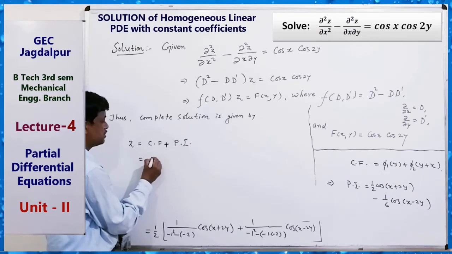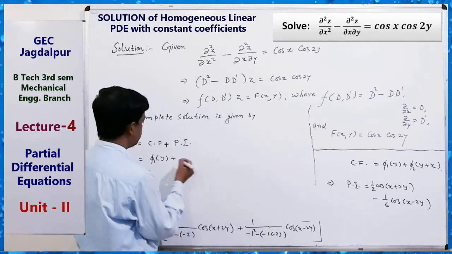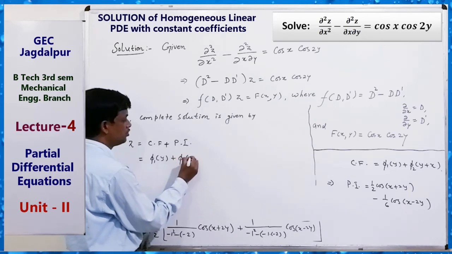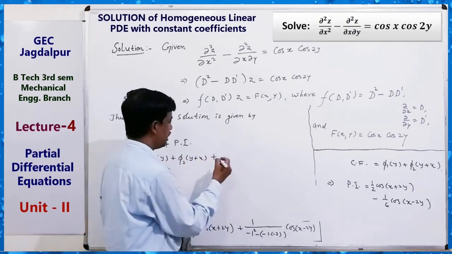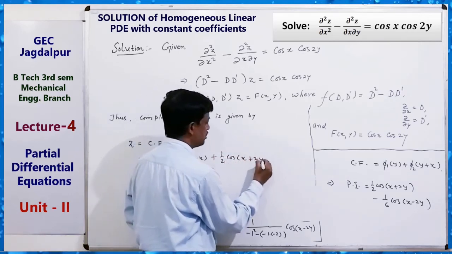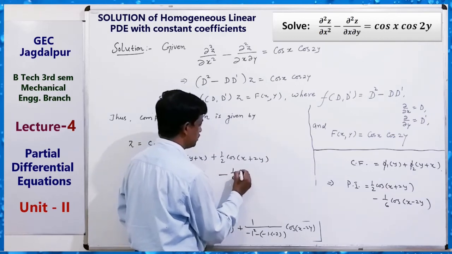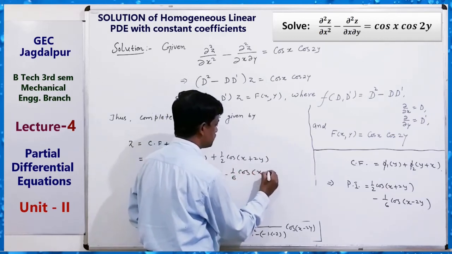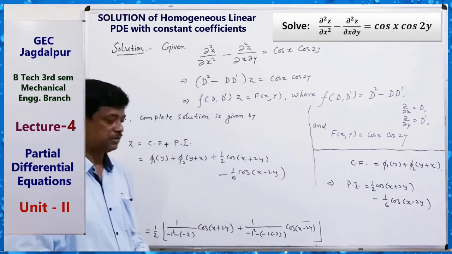That is, CF means phi 1 y plus phi 2 y plus x, plus pi, 1 by 2 cos x plus 2y minus 1 by 6 cos x minus 2y. So this is our final solution. Clear?